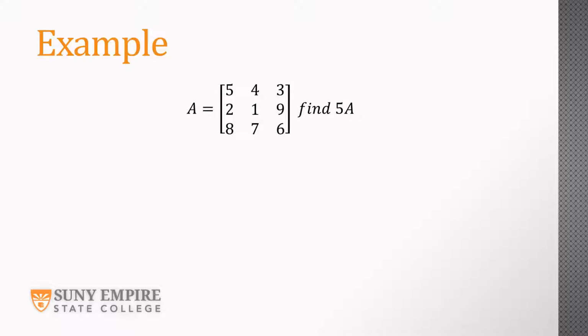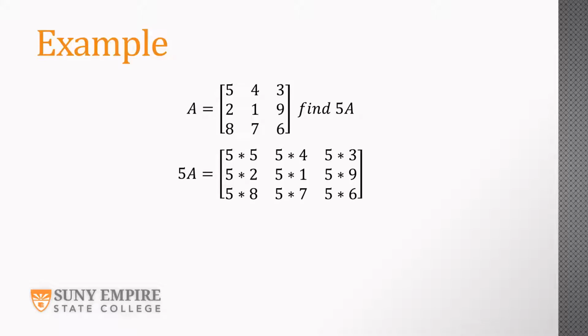Suppose matrix A is equal to 5, 4, and 3, then 2, 1, and 9, then 8, 7, and 6. We want to find 5 multiplied by matrix A. To do so, we simply multiply each number in the matrix by 5.